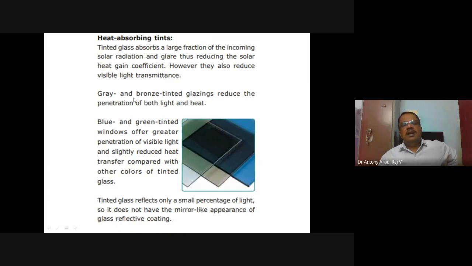We have gray and brown bronze heat absorbing tints. It is cheaper, and the SC value and SHGC value will be lesser. This was before the advent of heat absorbing films and heat reflecting films, so these were used in India.